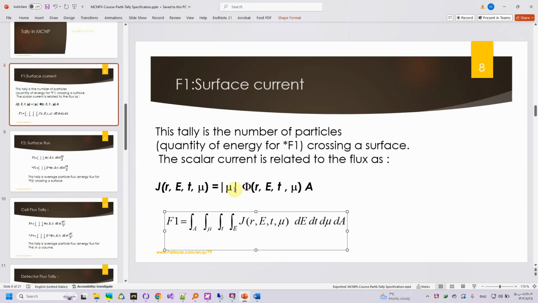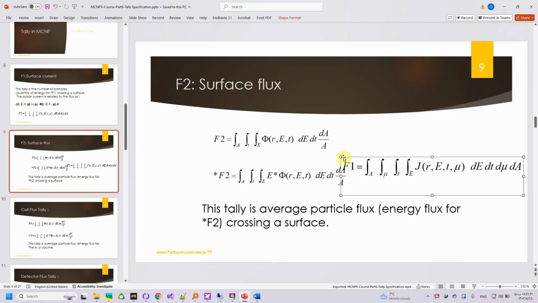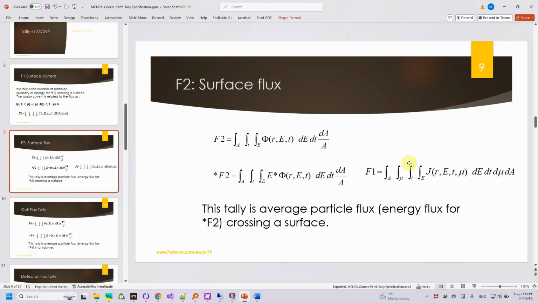Here we can see that tally 1 is calculated over different directions. When we say that here is mu, we can use this tally with the C1 cosine card that we will talk about in the next slide.